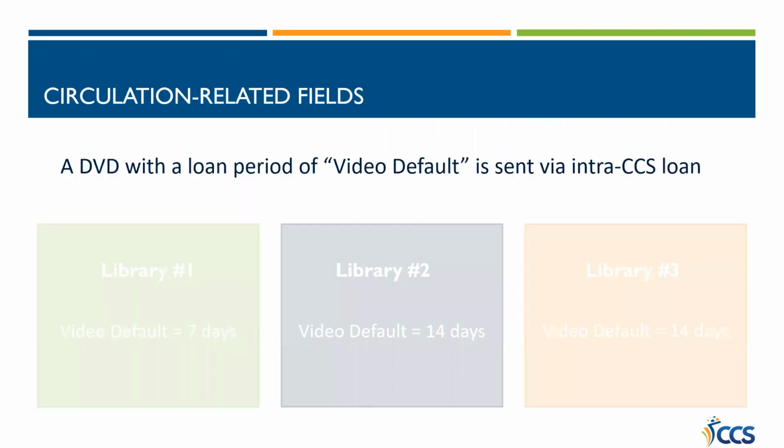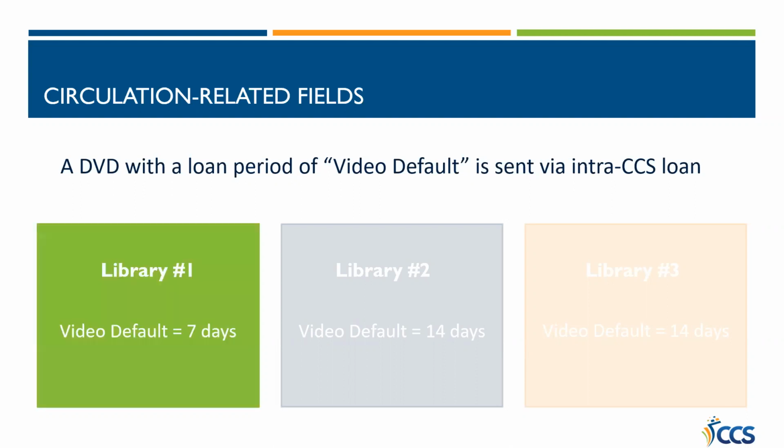So here this is kind of illustrated. Here we have a DVD that's traveling around on intra-CCS loan. So patrons from different libraries have placed holds and are checking the item out. The item has a loan period code of video default. When it gets to the first library, the first library's checkout policies say that DVDs go out for 1 week.